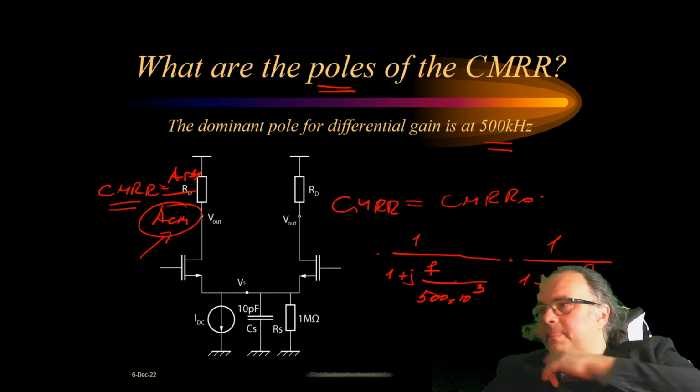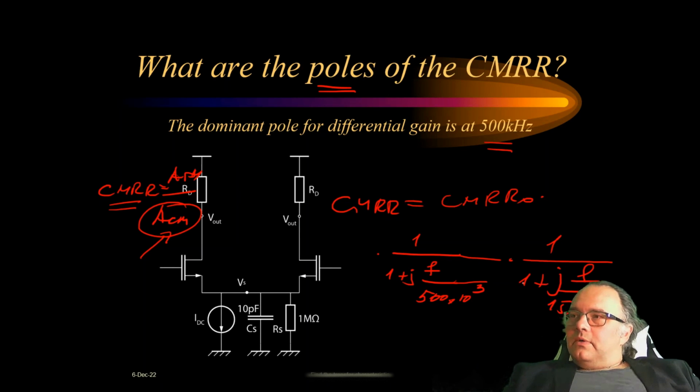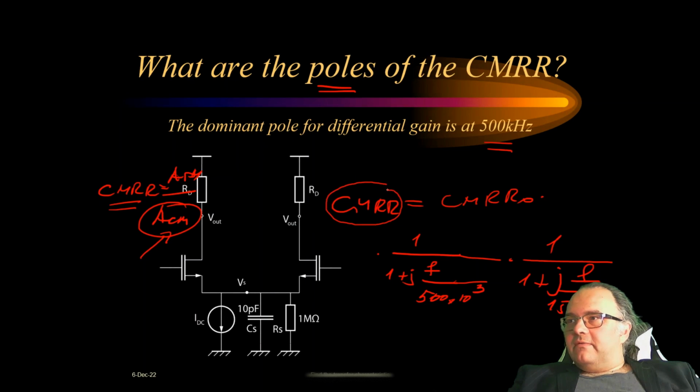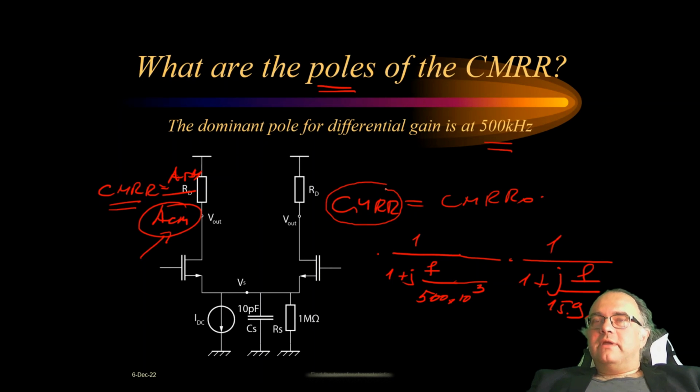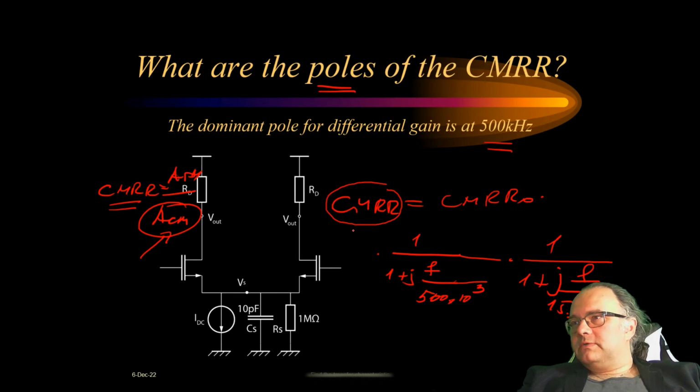Now, if we look at the common mode rejection ratio in the frequency domain, you will start with a very high level. So the circuit at very low frequency will be very good in amplifying differential signals and suppressing common mode signals.